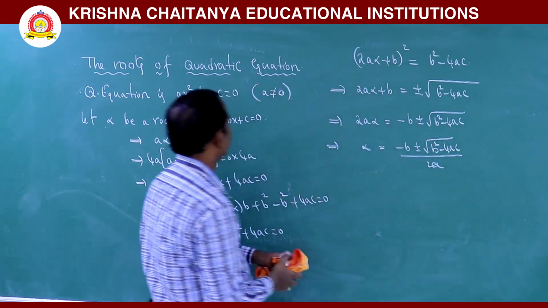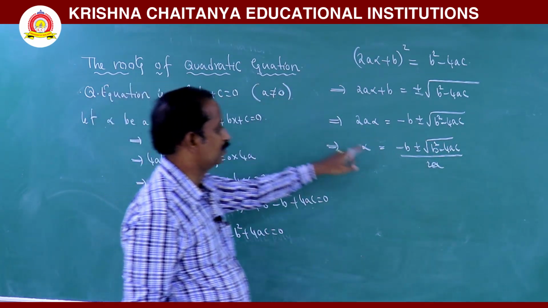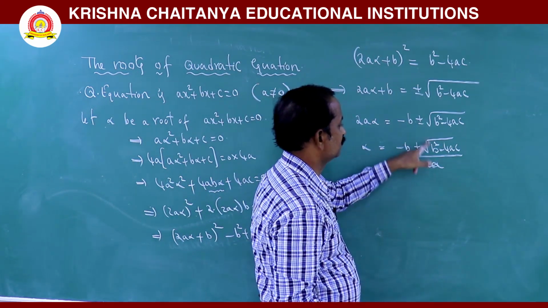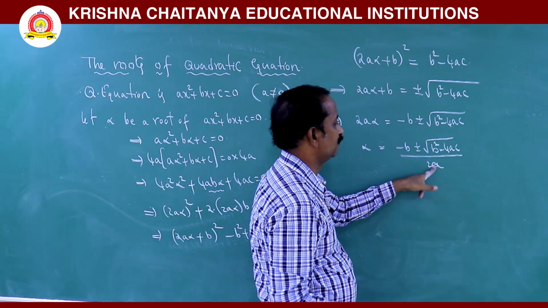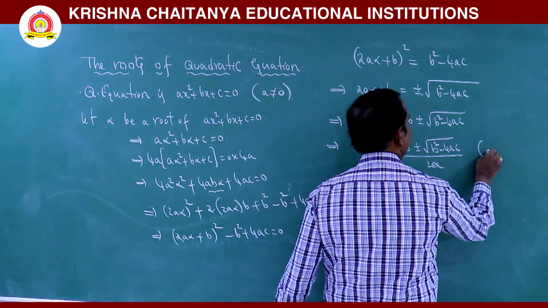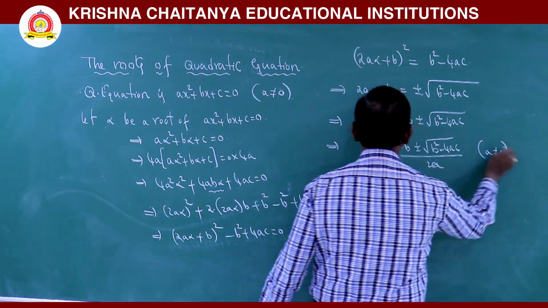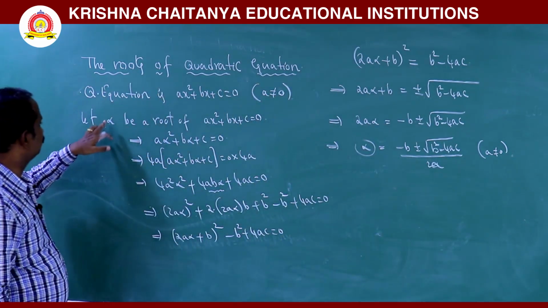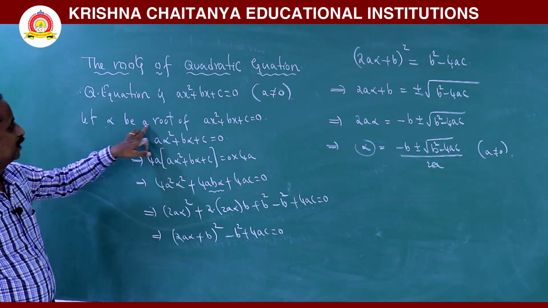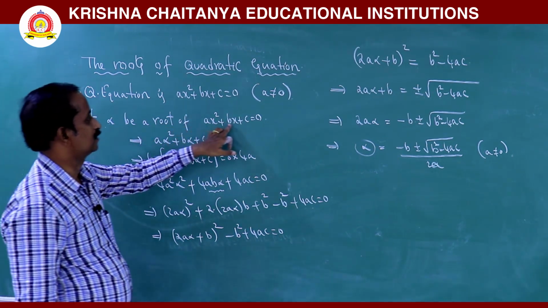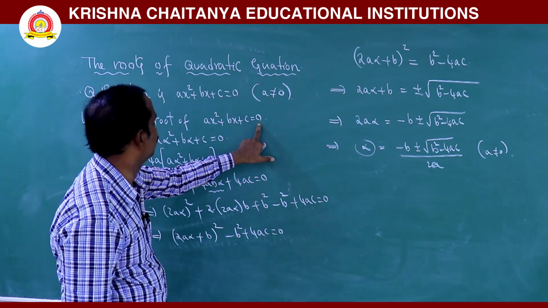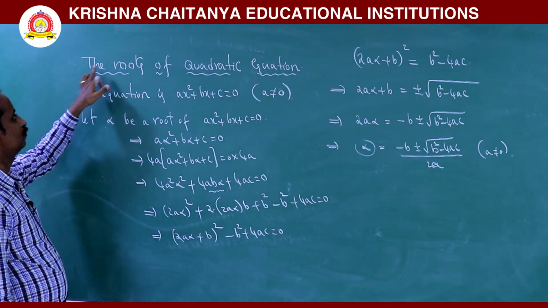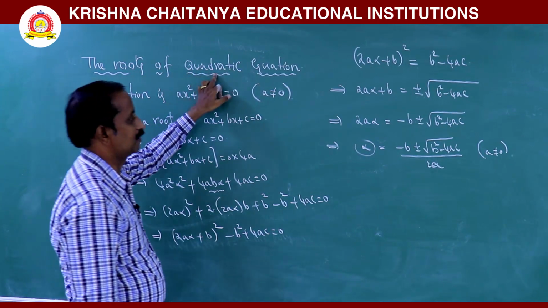Already we know that a is mandatorily not equal to 0. If a is equal to 0, this is nothing but something by 0, undefined. So here by data a is not equal to 0. What is alpha? Our assumption is alpha is a root of ax square plus bx plus c is equal to 0. What we want here is to discuss the roots of a quadratic equation.